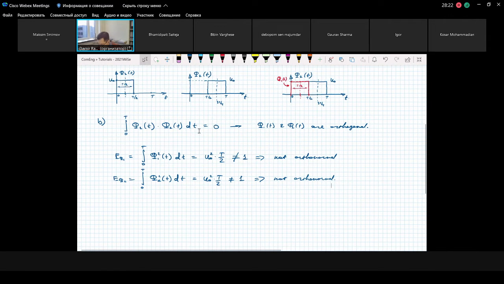We just need to do one more step. You remember from the Gram-Schmidt orthogonalization procedure that you can represent the first pulse shape function as the square root of its energy times the first basis function. And the second pulse shape function can be written as the square root of its energy times the second basis function.